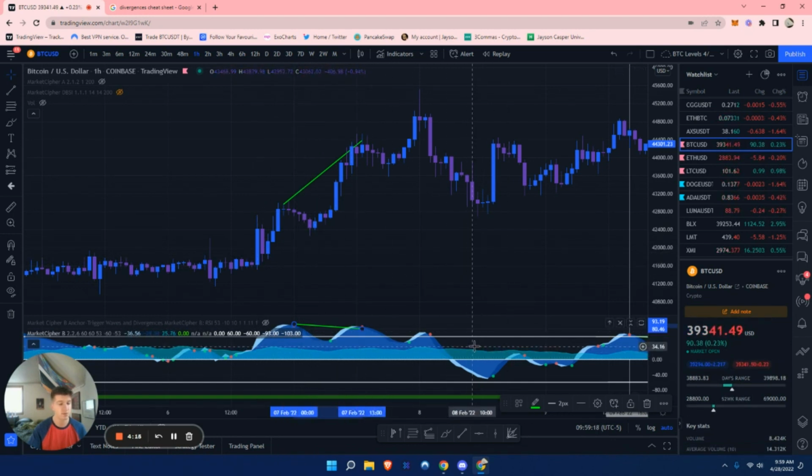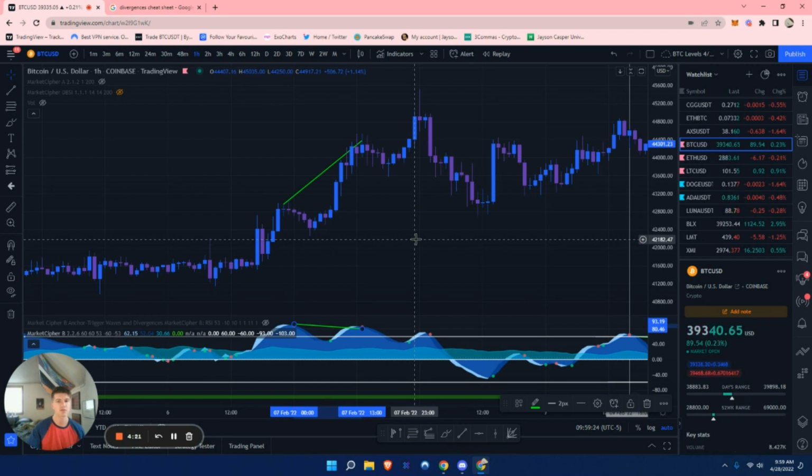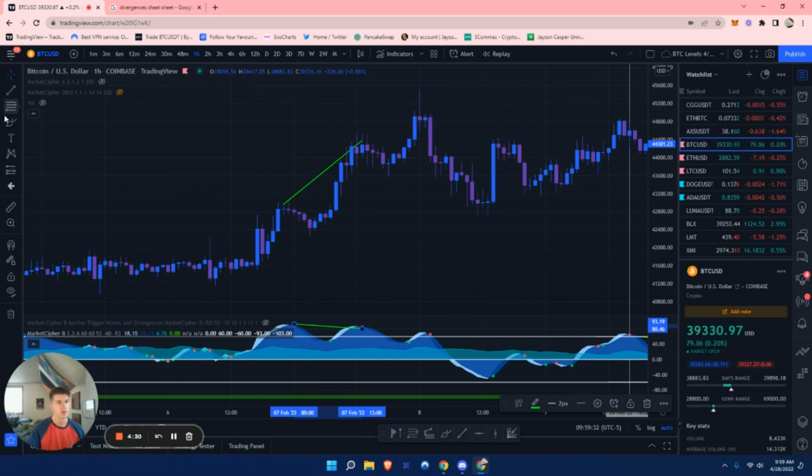I change my colors around. Usually it's green when it's positive, but with Moneyflow, you want to look in the direction of the trade you want. So for a short trade, you want to see Moneyflow going down over time. And here, you can't really see it too well, but you can see Moneyflow is coming down.